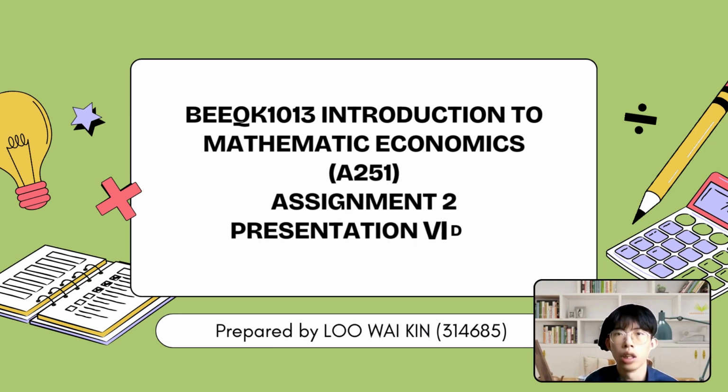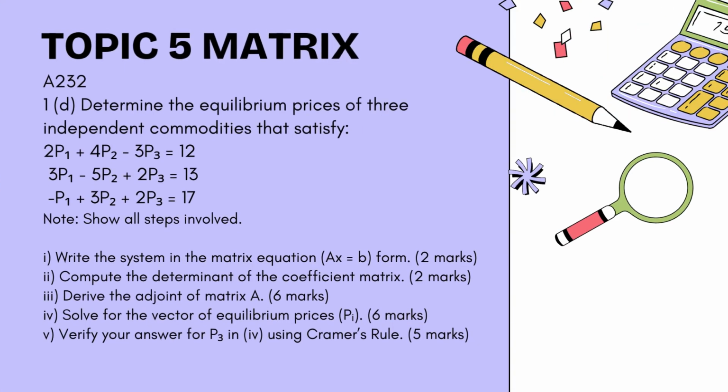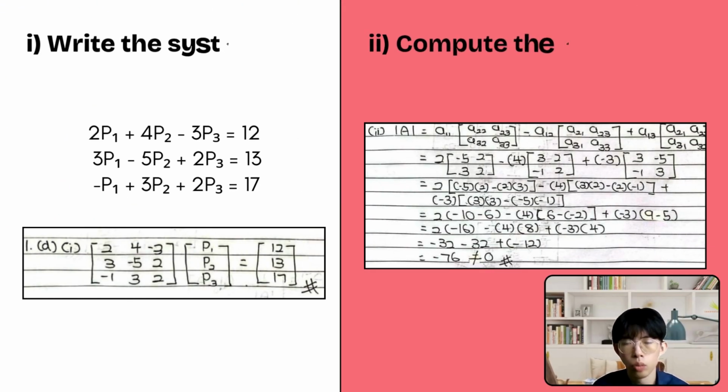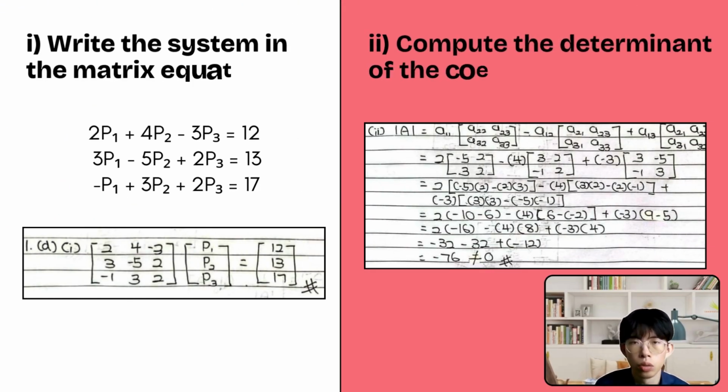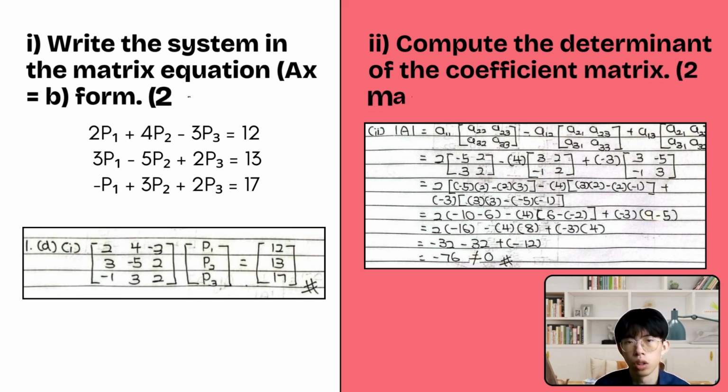And for today, I'm going to present assignment 2, questions on topic 5 and topic 6, which are matrix and derivative. For Roman 1, we are required to write the system in the matrix equation, which is AX equals B form.